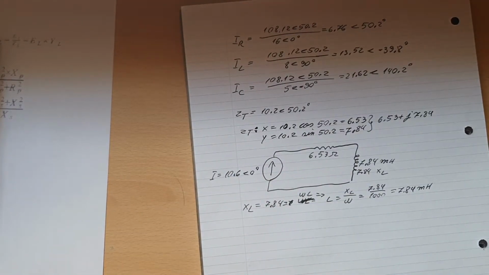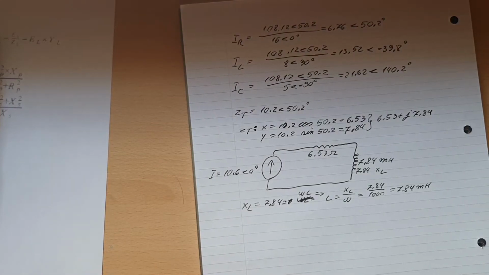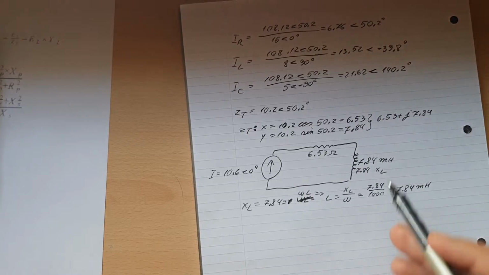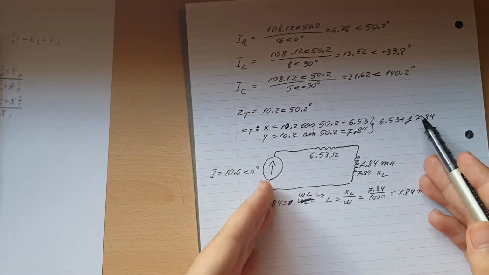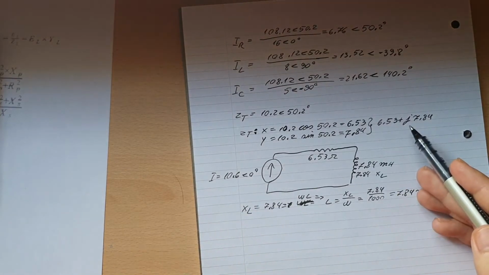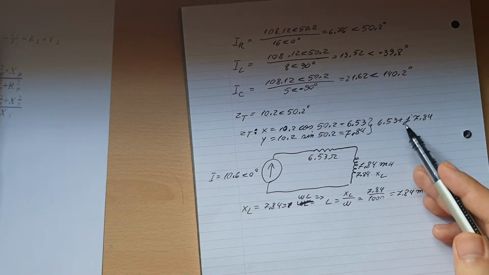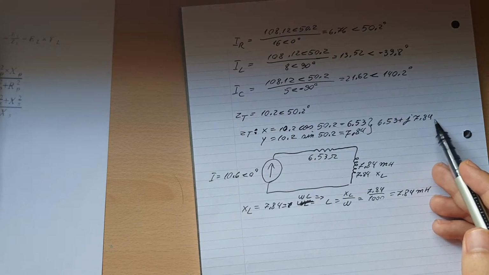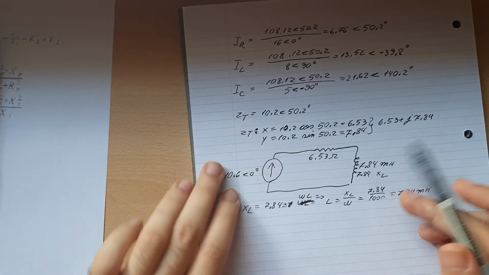Now, I know this seems complicated, it seems very strange, but it does work like this, because the total resistance in this circuit will be the same total resistance as in this circuit. And the reason this is an inductor and not a capacitor is because this J is a positive 7.84. If this J was negative, minus J 7.84, then this would be a capacitor.